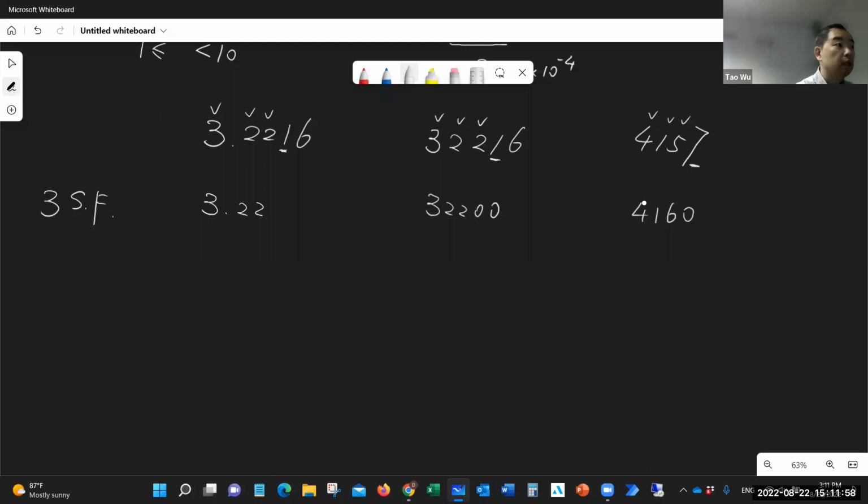Again, scientific notation, we talked about this, includes a number part and an exponential part. The number part has to be between 1 and 10. So let's look at this number. Is the number already between 1 and 10? It's already between 1 and 10, right?